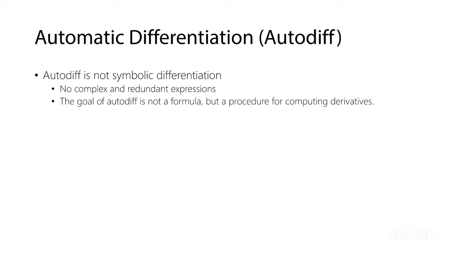AutoDiff is not symbolic differentiation, although using AutoDiff you can calculate symbolic differentiation, which is kind of a neat thing. So the goal of automatic differentiation is not to come up with a formula for the differentiation, but to construct a procedural graph for computing derivatives.